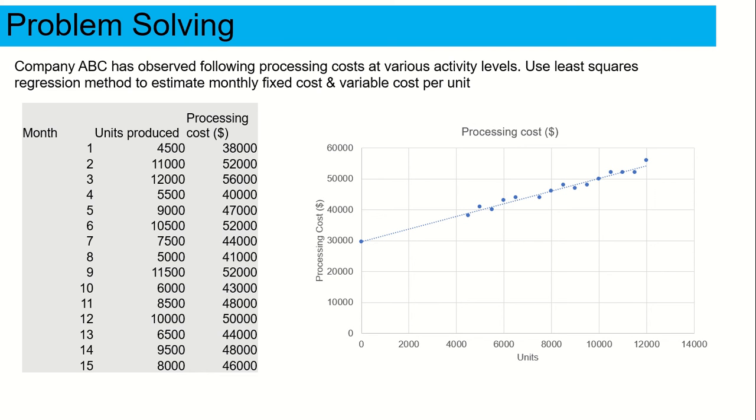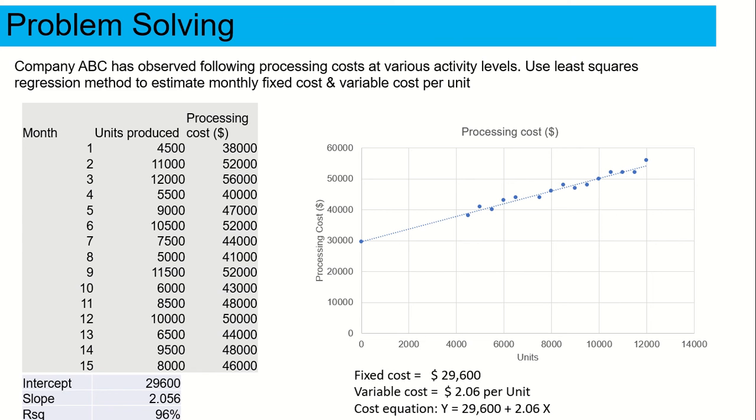Using the same methodology of regression analysis, you can find that the intercept, which is your fixed cost, is 29,600. Slope, which is your variable cost, comes to 2.05, and the r-square value is 96%. So your cost equation becomes y is equal to 29,600 plus 2.05x, which you can use for your forecasting purposes and for decision making purposes.